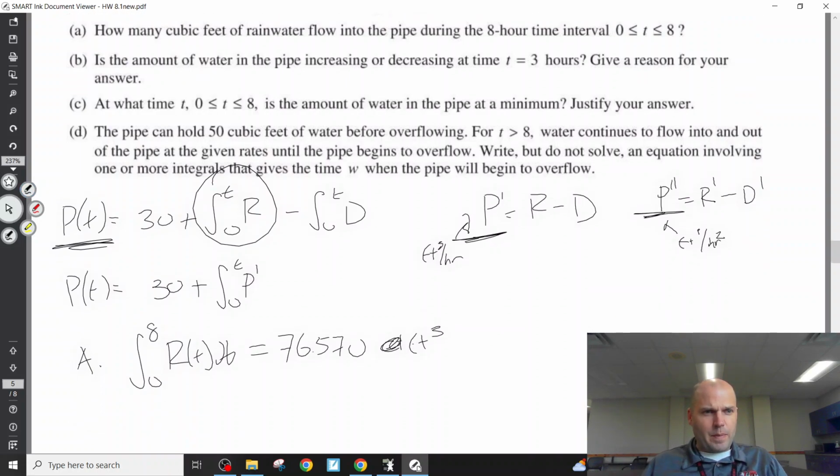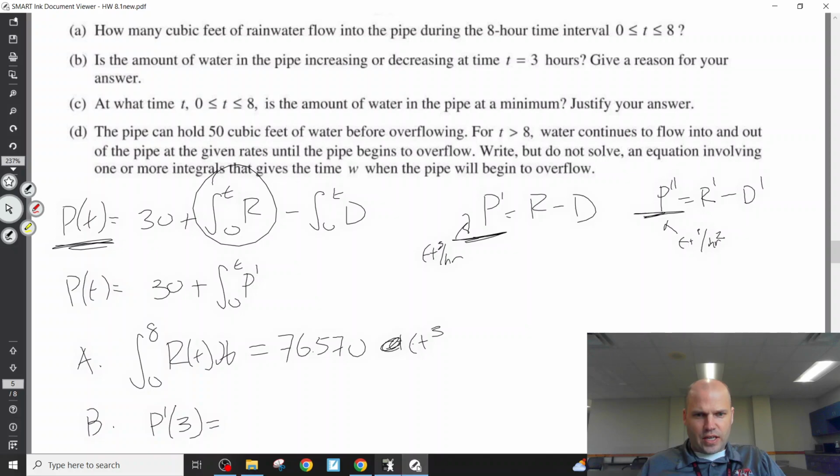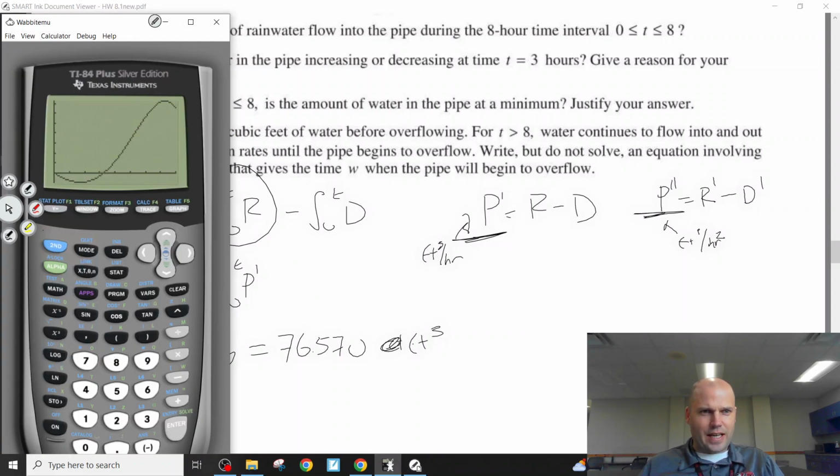Is the amount of water in the pipe increasing or decreasing at time 3? I need my sign analysis. I need P prime of 3. This is that extra thing I showed you, which I never asked you. I said, like, how quickly are we moving left or right? Here, we will use trace, or we will literally type in 3 into our original function, r and d.